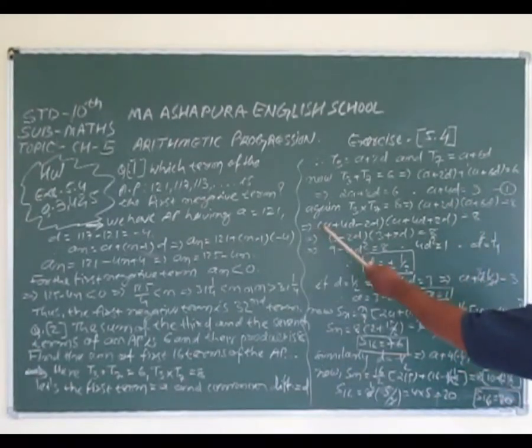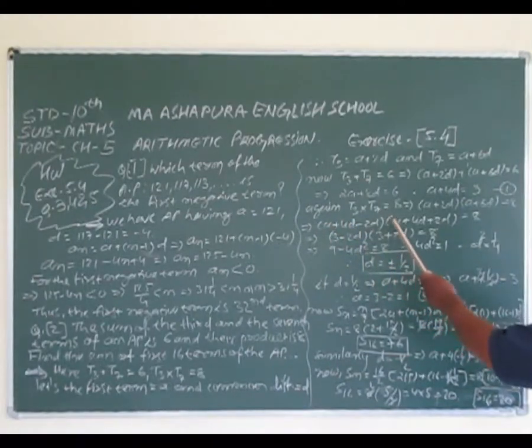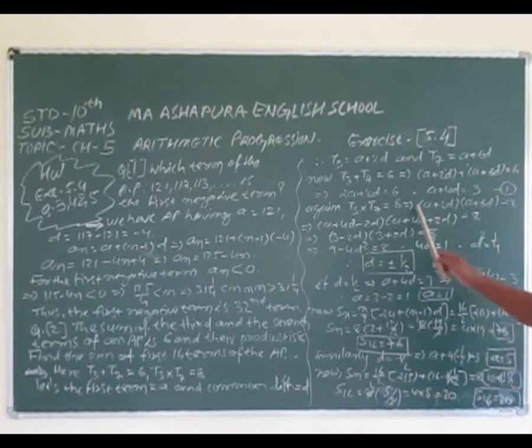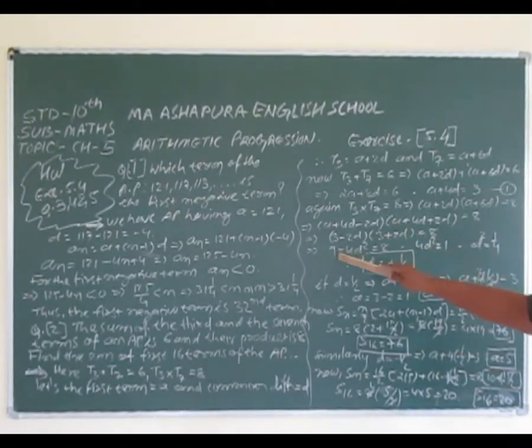So the first factor is a plus 4d minus 2d, the second is a plus 4d plus 2d, is equal to 8. Now a plus 4d is equal to 3. From result number 1, we substitute here and we get 3 minus 2d and 3 plus 2d is equal to 8. Now expand both the factors, and we get 9 minus 4d square is equal to 8. That means 4d square is equal to 9 minus 8 equal to 1.